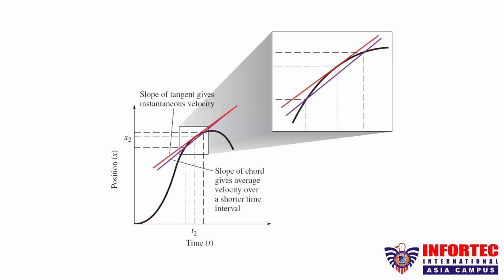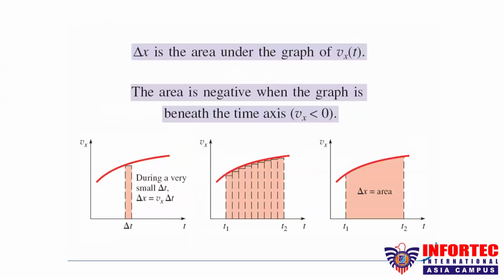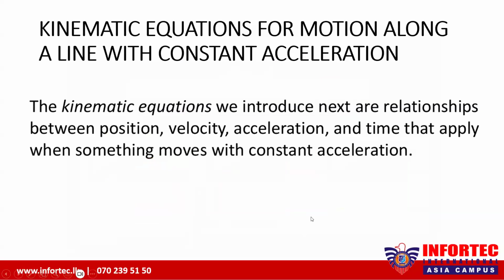Okay, then the graphical representation of kinematics is done. Please ask questions if you have any. Then the other very important thing: I think you are familiar with these kinematic equations for motion along a line with constant acceleration, right?